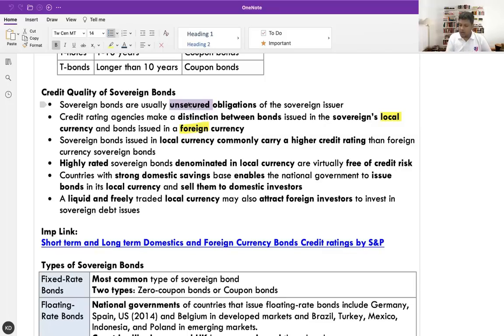Sovereign bonds issued in local currency carry a higher credit rating compared to those issued in foreign currency. Highly rated sovereign bonds denominated in local currency are virtually said to be risk-free. Absolutely risk-free, especially for domestic investors, because they don't have to worry about the government being unable to pay their bonds.